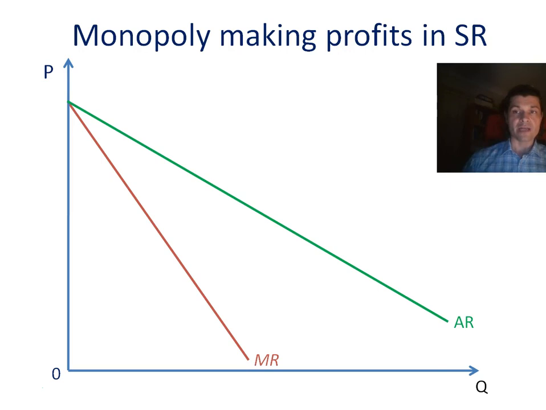In order to have a look at how much a monopoly will produce, we need to find our profit maximizing level of output, and for that we need marginal cost. Now, our profit maximizing level of output is going to be where marginal revenue is equal to marginal cost, or at this red point here.